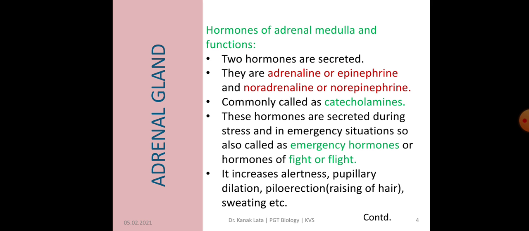Why? Because they are secreted during stress and emergency situations. So that is why they are called as emergency hormones. It helps in increasing alertness, pupillary dilation, piloerection, that is raising of hairs and sweating, etc.